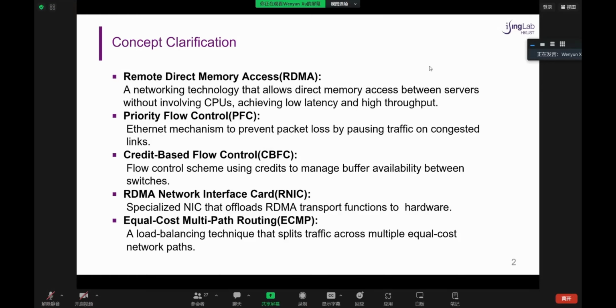In other words, instead of sending packets through a single route, ECMP distributes packets across multiple paths, which improves link utilization and reduces congestion. Together, these concepts form the foundation that helps us understand why we revisited RDMA reliability for lossy networks.